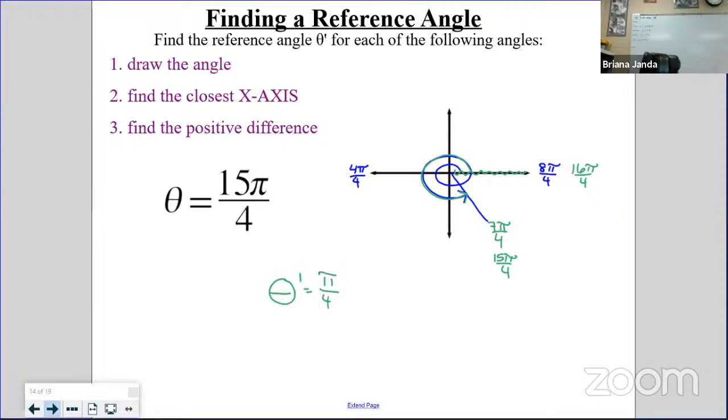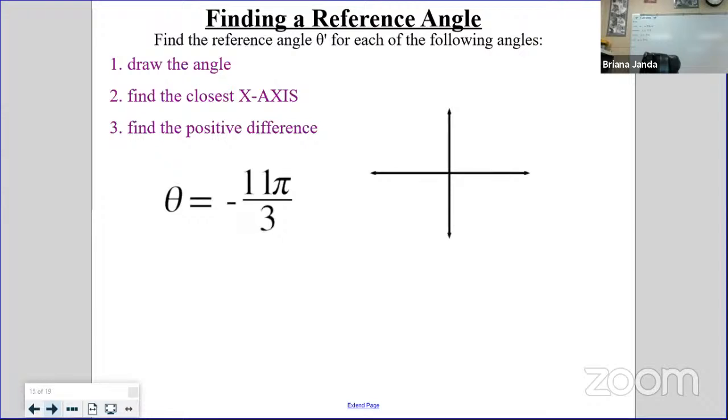Okay, I think I've got one more for us to do here. All right, let's try the reference angle for negative 11π/3.